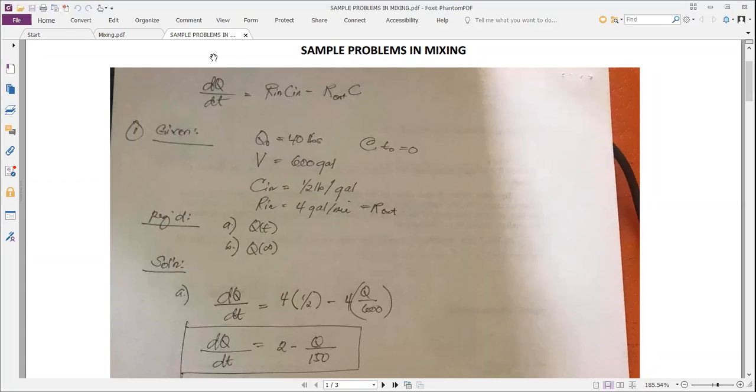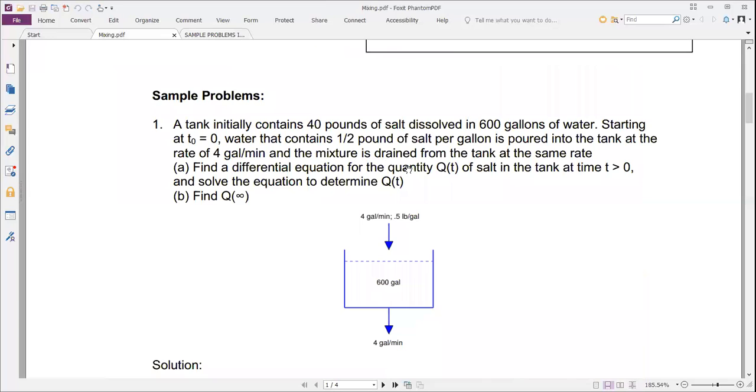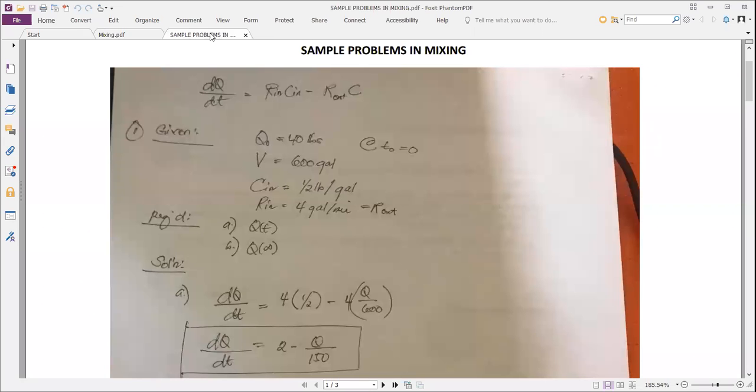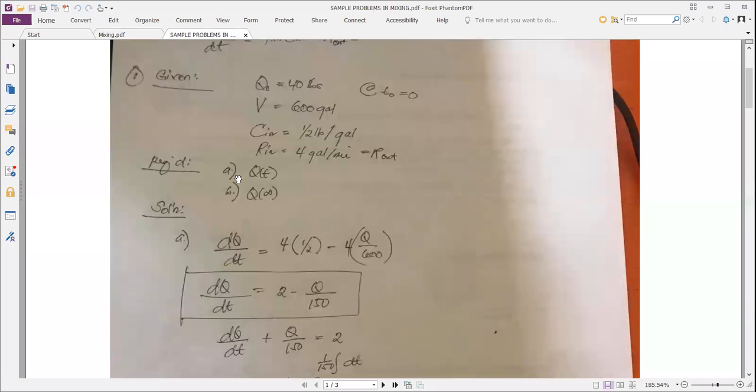And it was mentioned that the rate at which it's drained from the tank is the same as the rate at which it enters the tank. So I place here R out. For letter A, you are to determine the Q of T, the expression that will solve for the amount of salt in the tank.